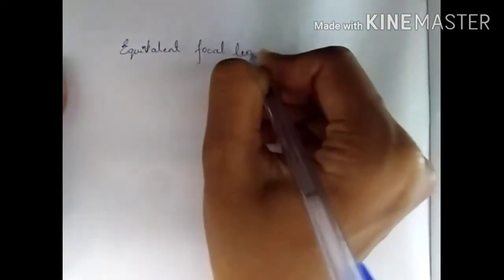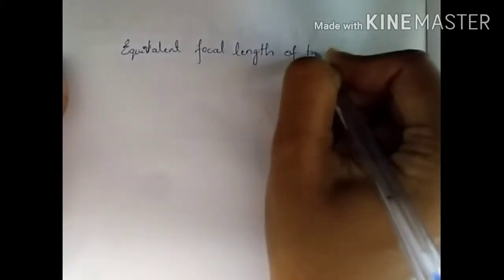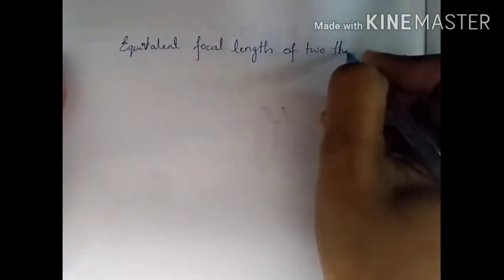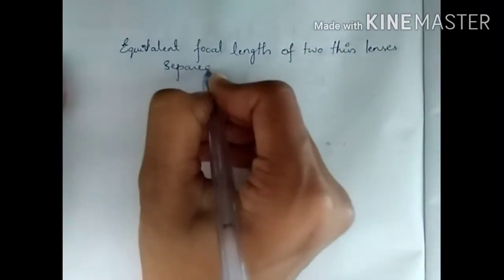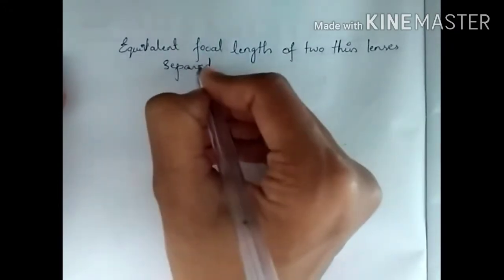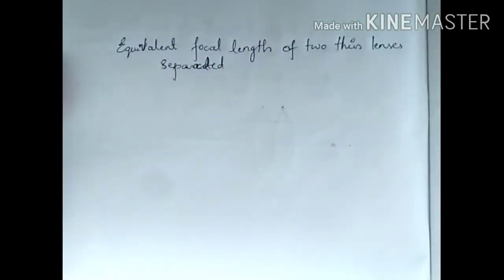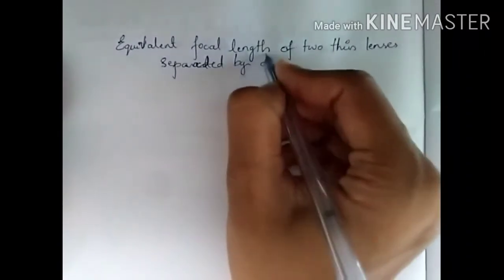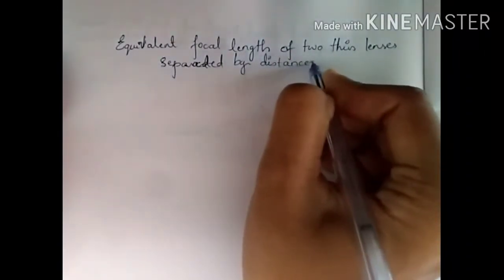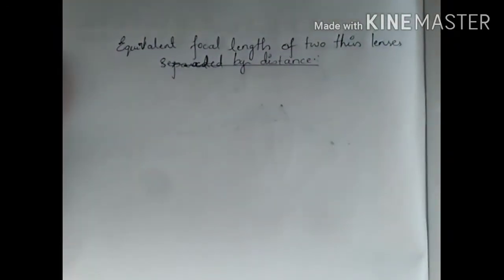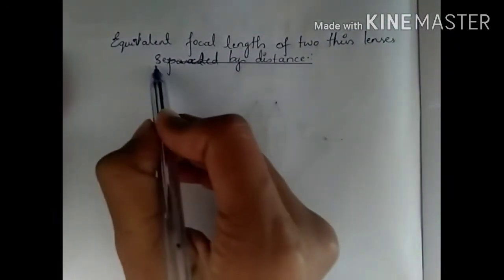So, in this class, we'll learn about the equivalent focal length of two thin lenses separated by a distance. So let us learn about this.